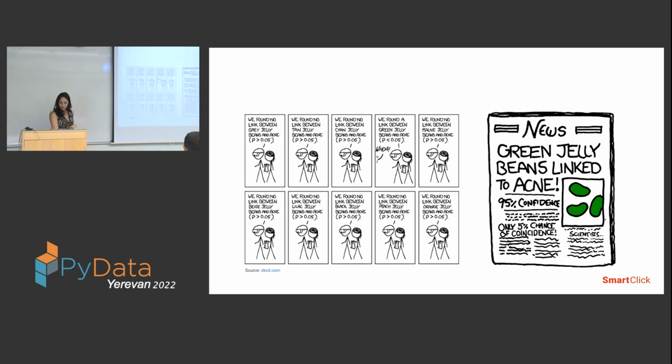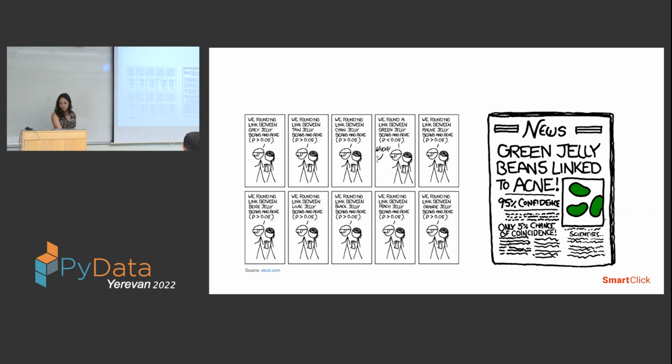In this next slide, we have an aha moment of the p-value being less than 0.05, and we're saying that the green jelly bean causes acne, sorry. And the next day in the news, the first headline is that green jelly beans are linked to acne.